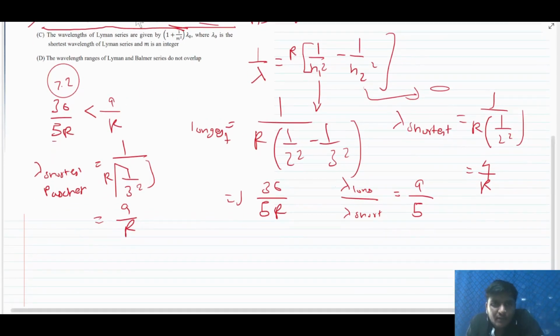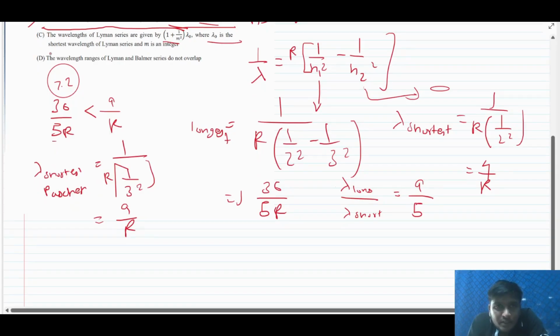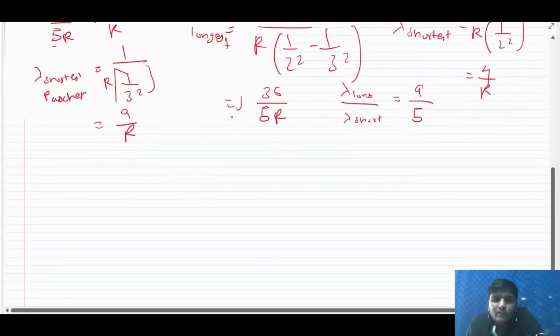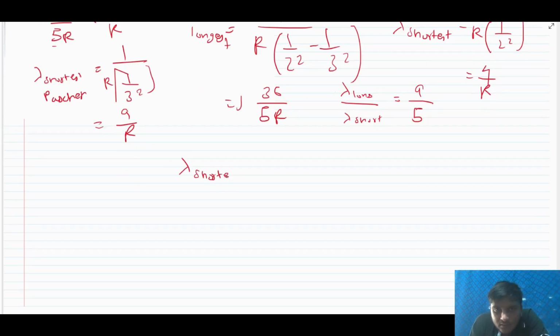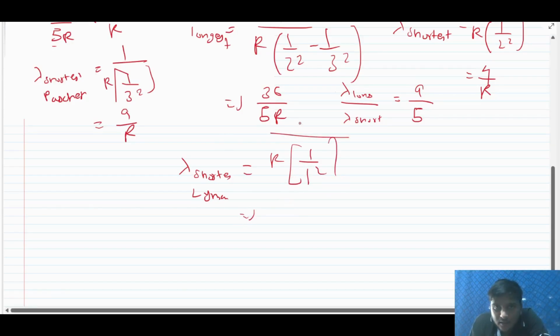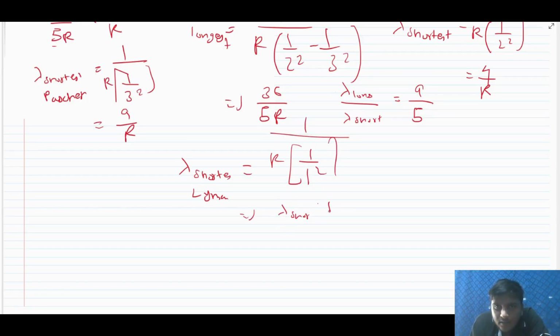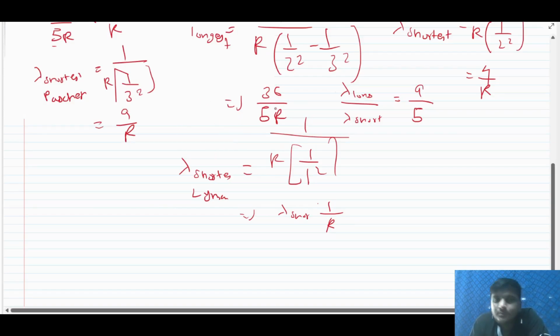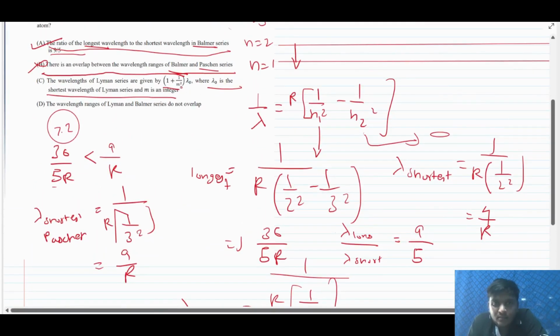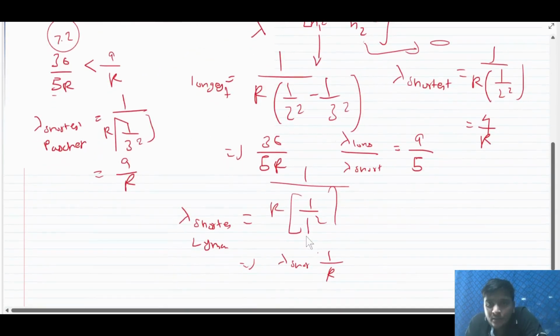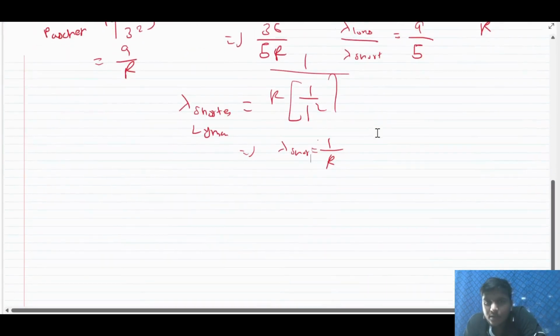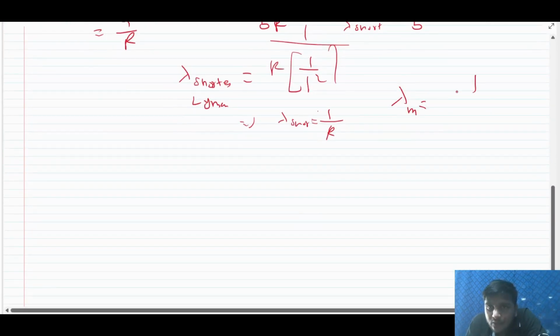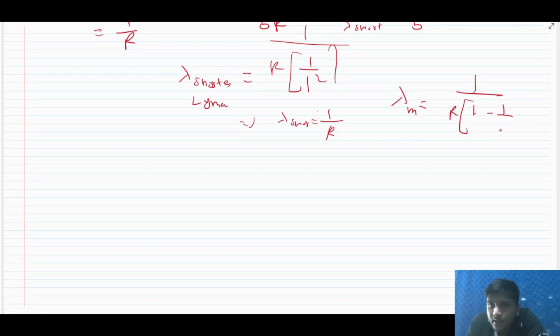Now option C: the wavelength of the Lyman series is given by this formula, where lambda naught is the shortest wavelength of the Lyman series. The shortest wavelength of the Lyman series is R times 1 by 1 square only, sorry, it will be 1 by R. So lambda shortest is equal to 1 by R. Now we write lambda m is equal to 1 by R times (1 minus 1 by m square), as it is coming from the mth energy level.